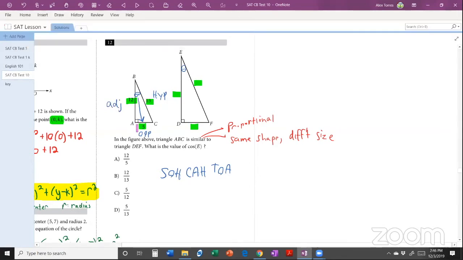So we're looking for the cosine of that angle. So cos is the adjacent over the hypotenuse. And for the triangle with B, the adjacent is 12, the hypotenuse is 13. And so our answer is B, because whatever we get for angle B, it's going to be the same thing for E because they correspond to one another in that manner. So the answer for 12 is B.